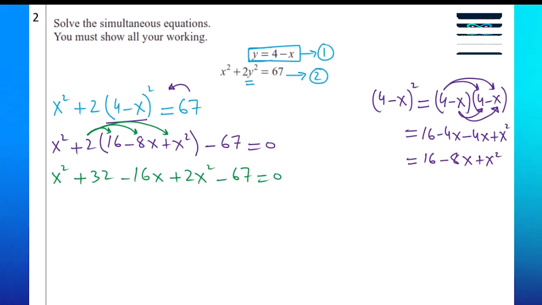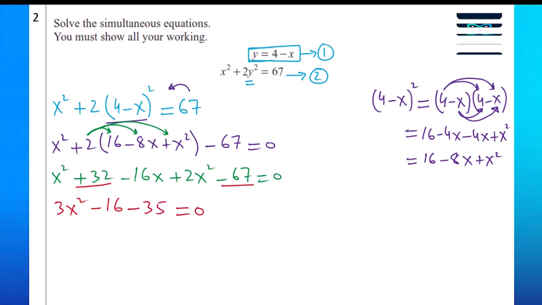Now we will add or subtract the like terms: x square plus 2x square is 3x square, x is only negative 16x, and positive 32 and negative 67 is negative 35.